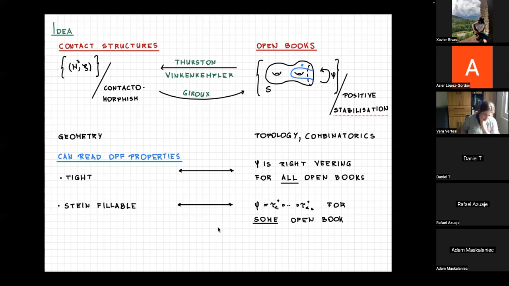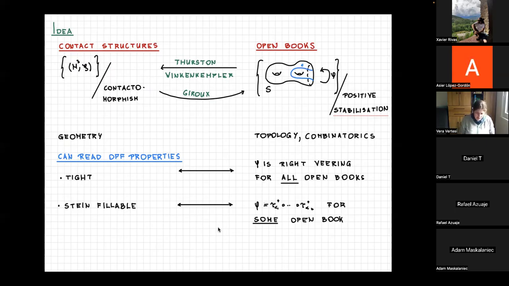The connection says that you have a three manifold with a contact structure. I will soon define it, and contactomorphism is the type of map which preserves the contact structure.